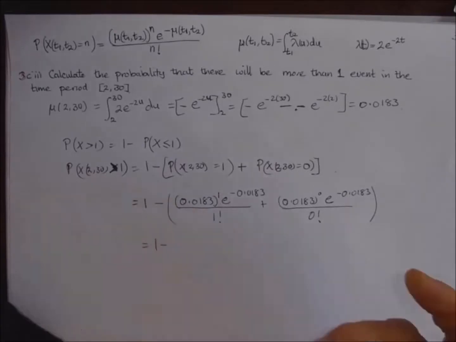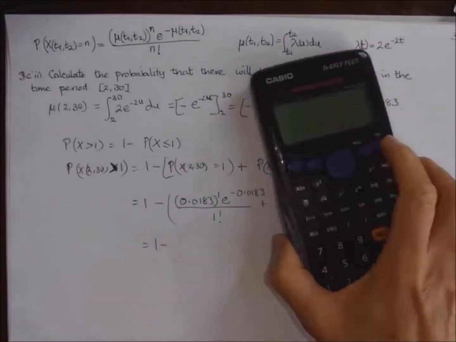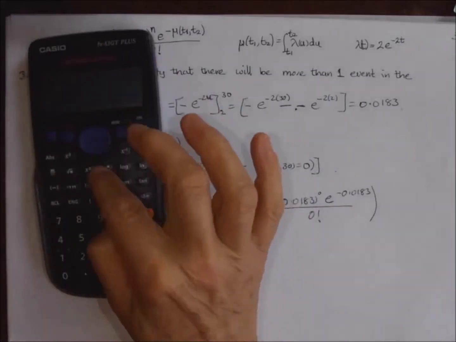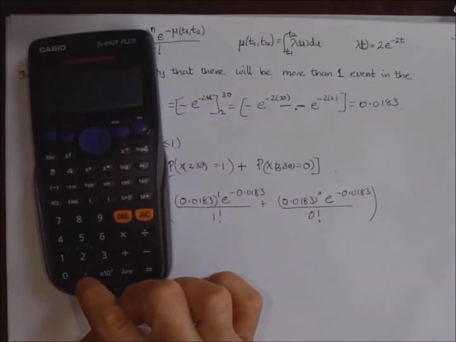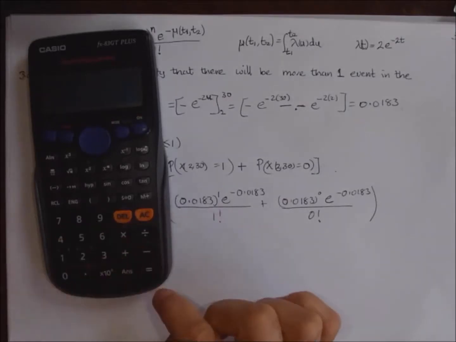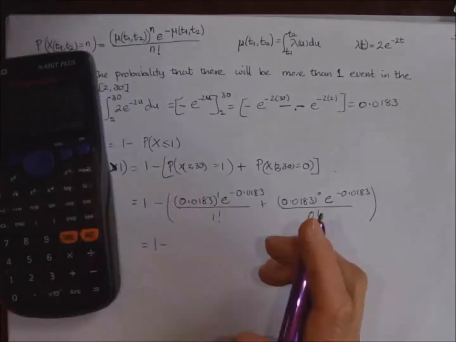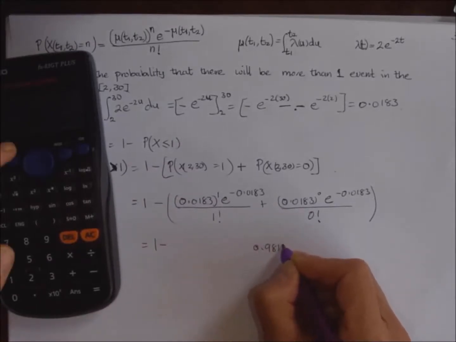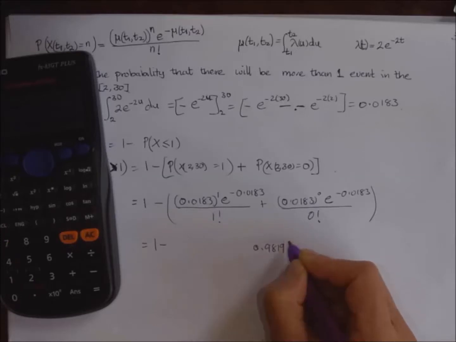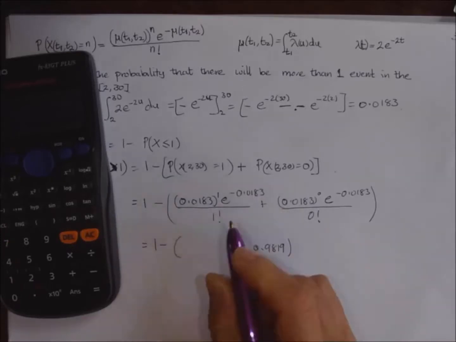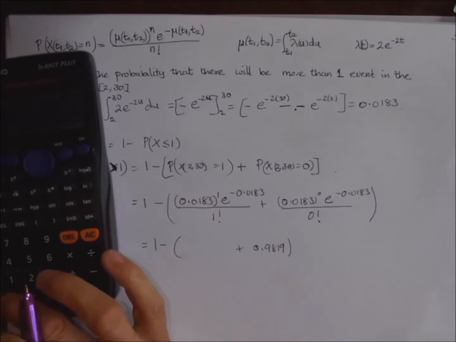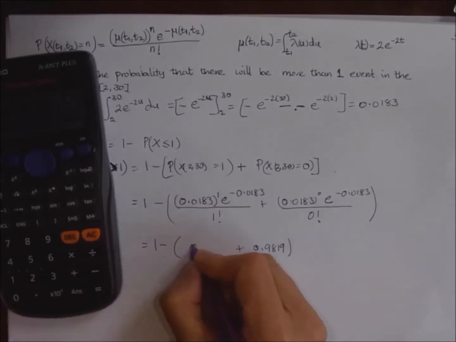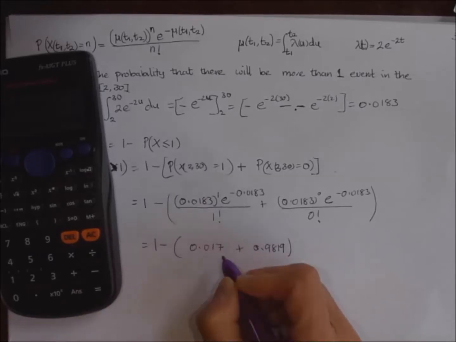So that's going to be 1 minus, well, this one is just e to the power of minus 0.0183. That equals 0.98, that's pretty high. So this one is 0.98186, so 0.9819, plus, and this one here is multiplied by 0.0183 equals 0.01796.